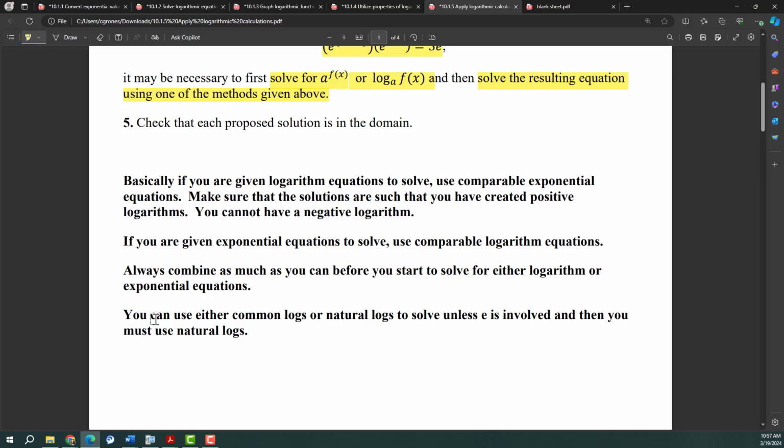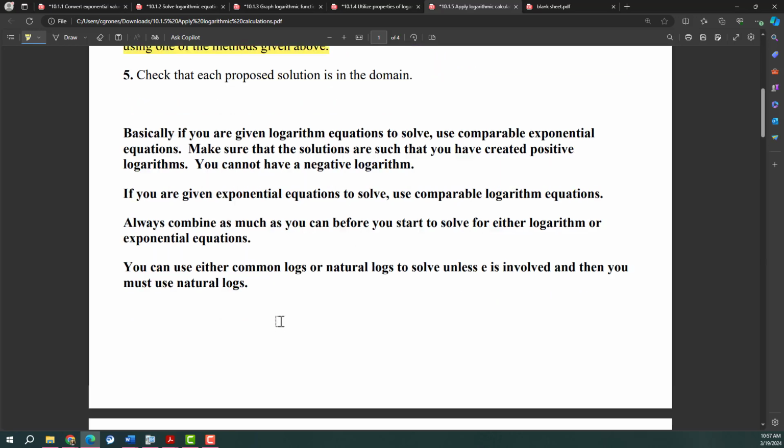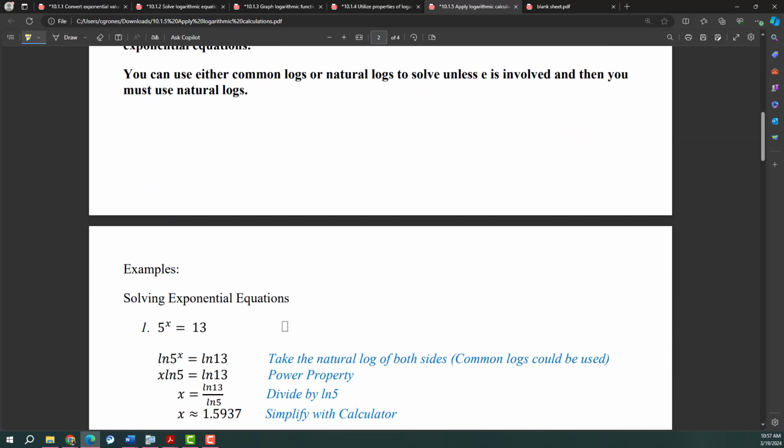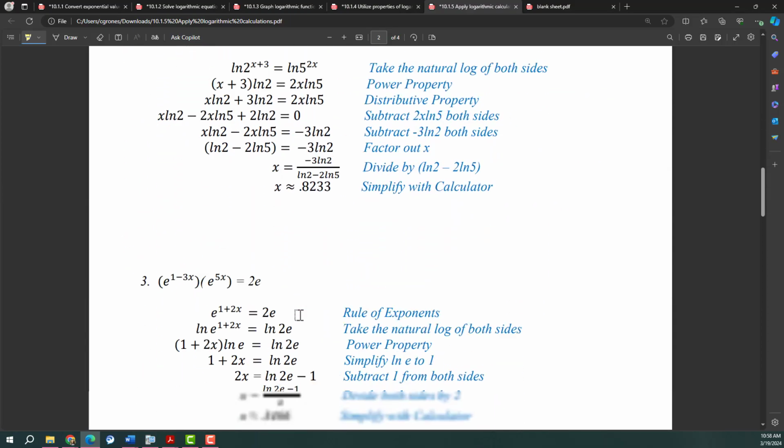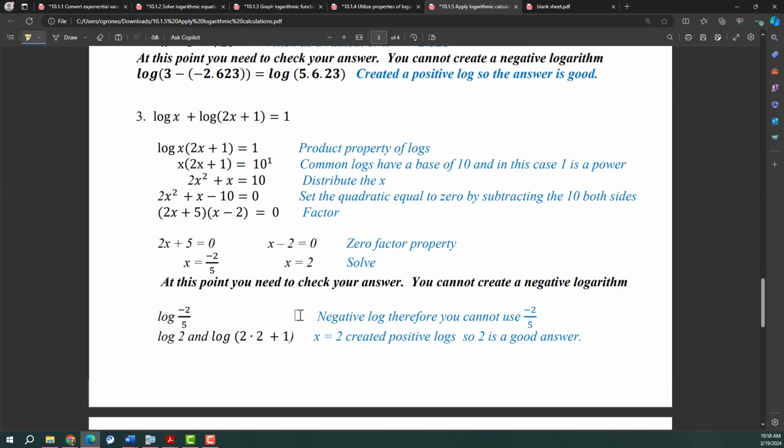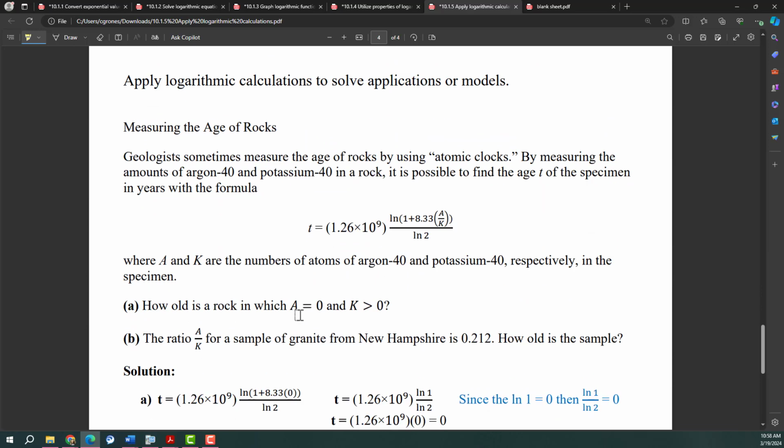You can use either common logs or natural logs to solve unless e is involved, and then you must use natural logs. And then there are some more examples, and there's one that talks about measuring the age of rocks.